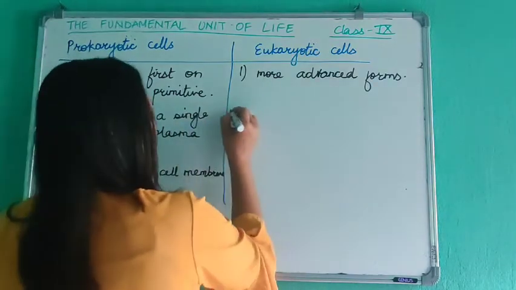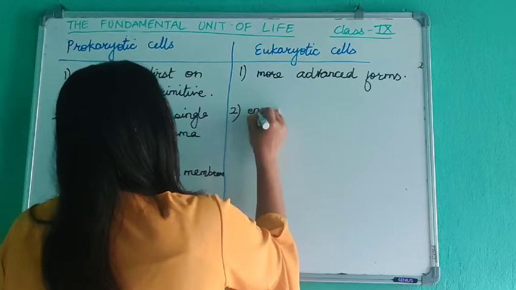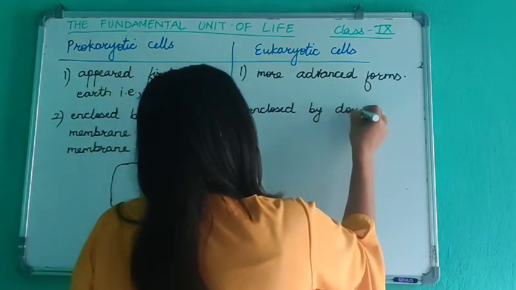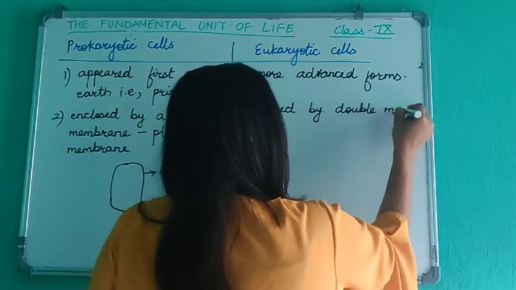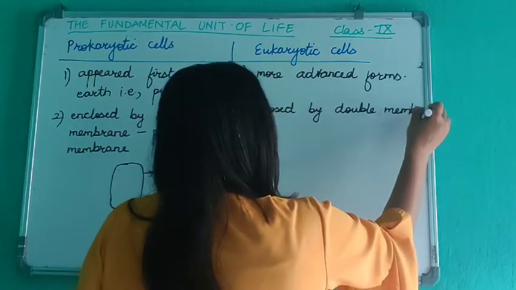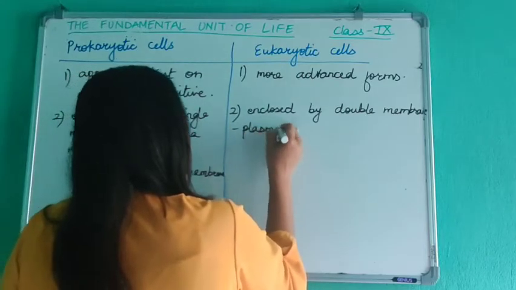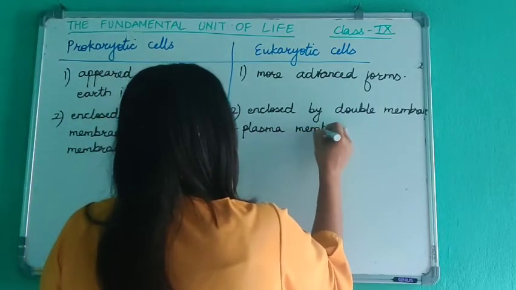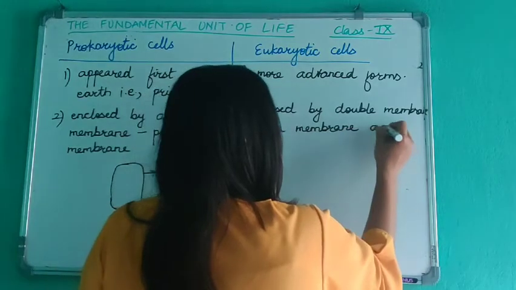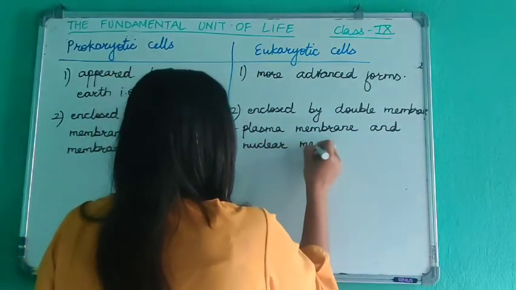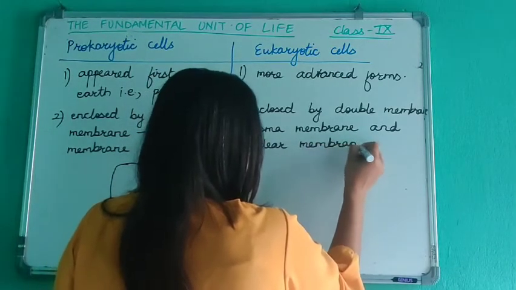Okay, whereas eukaryotic cells are enclosed by double membrane. There are two membranes. What are these membranes? First is plasma membrane or the cell membrane, and the second membrane is the nuclear membrane. Okay, it is covered by a double membrane.